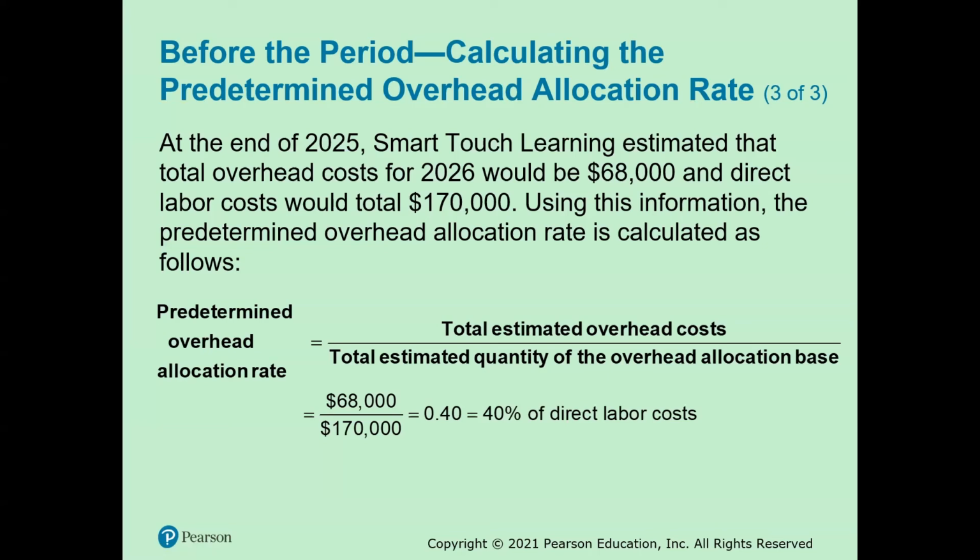So in this example, the predetermined overhead allocation rate is equal to $68,000 divided by $170,000, which will equal 40% of direct labor costs.